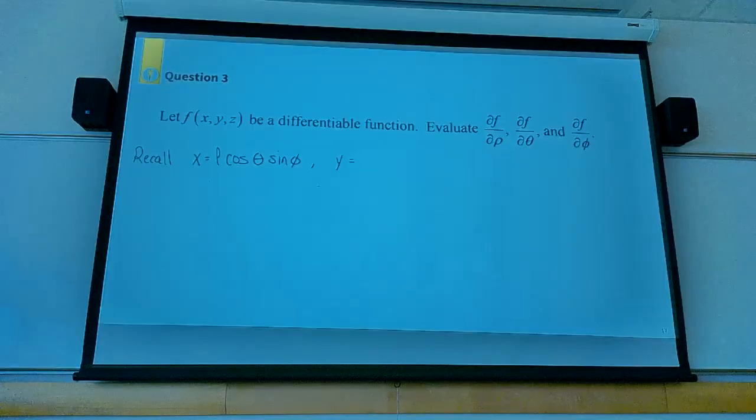What about y? Rho sine phi sine theta. And what is z? Rho cosine phi. Keep those in the back of your mind.